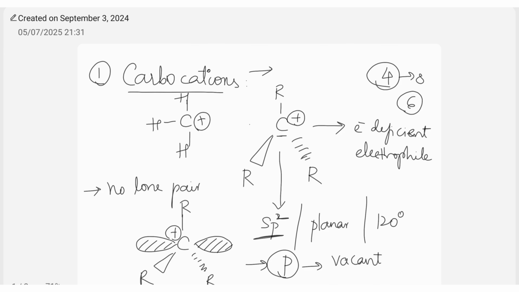Now let us see what are the reactions in which carbocation can be formed. Let us see 1 or 2 examples where the carbocation can be formed. First is the solvolysis of the C-X bond. Solvolysis is nothing but using a solvent to break the bond between carbon and X. Carbon cannot always be taken directly as carbon, so we take the R group. So the R-X bond is broken by using some solvent.